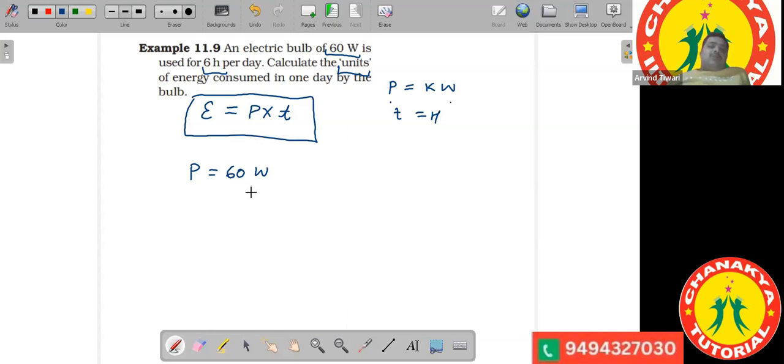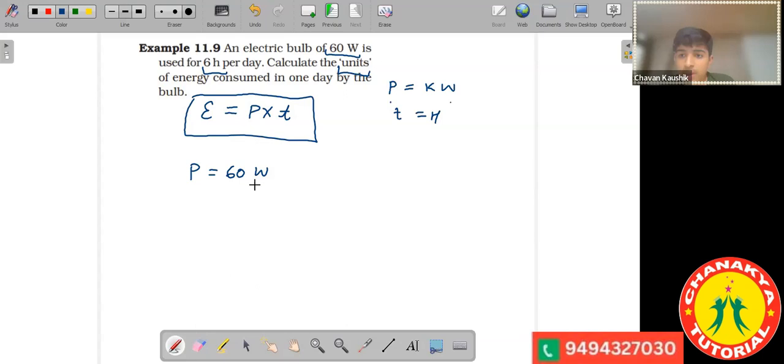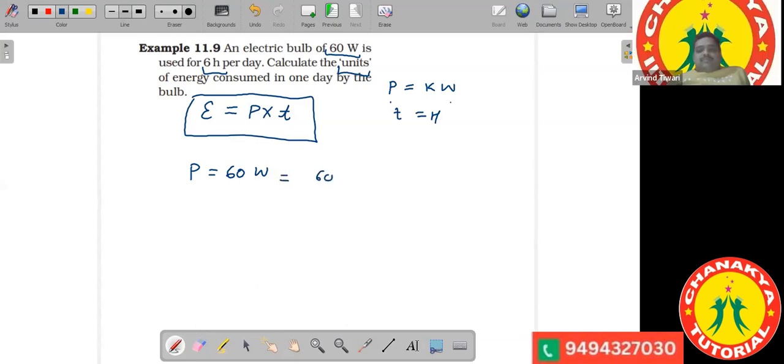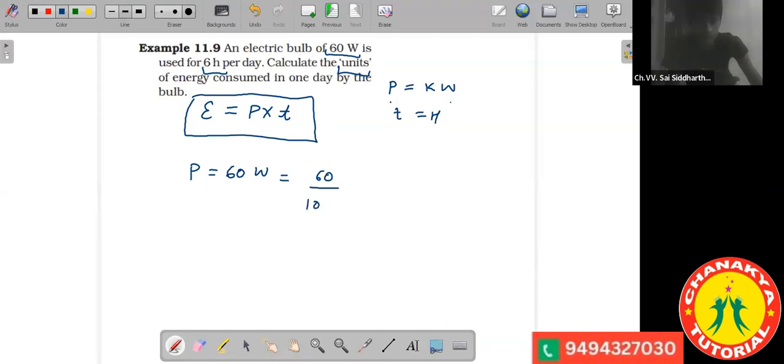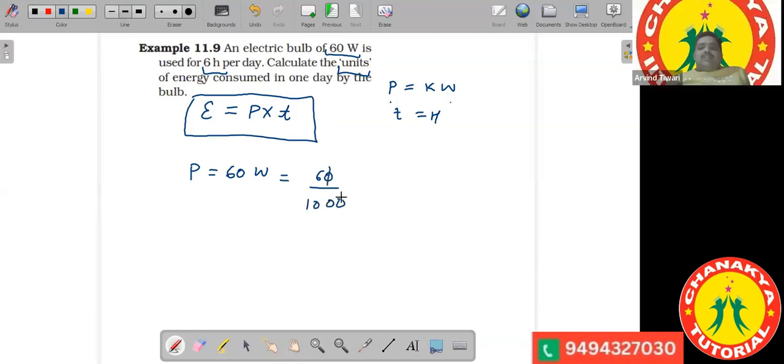How can I convert it to kilowatt? By dividing by 1000. So divide by 1000: this 0 gets cancelled and you write 6. There are 2 zeros in the denominator, so you have 0.06 kilowatt.